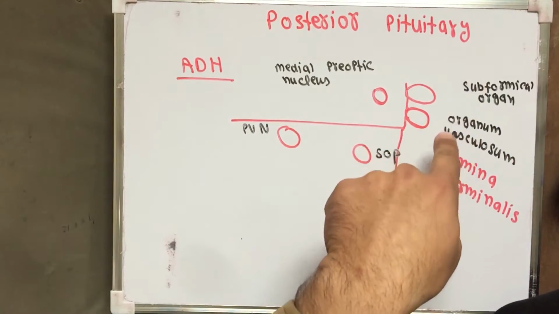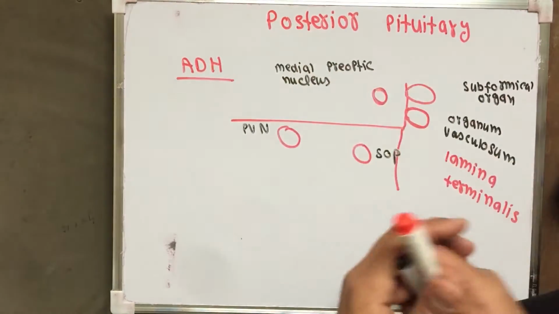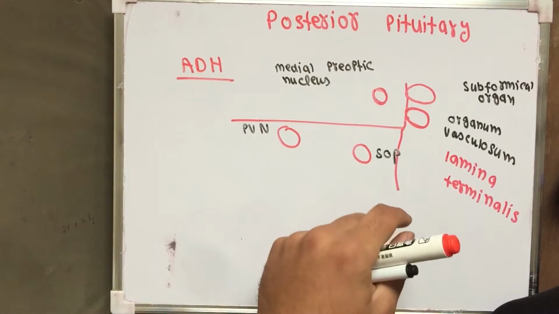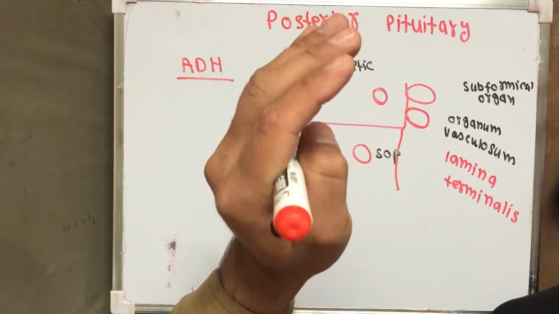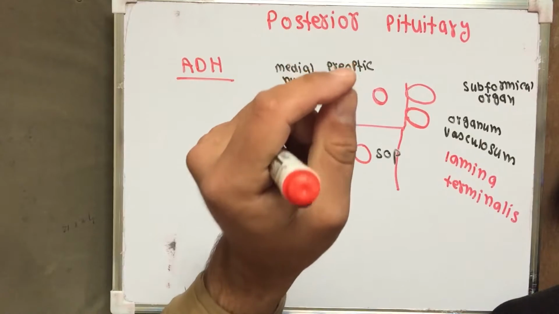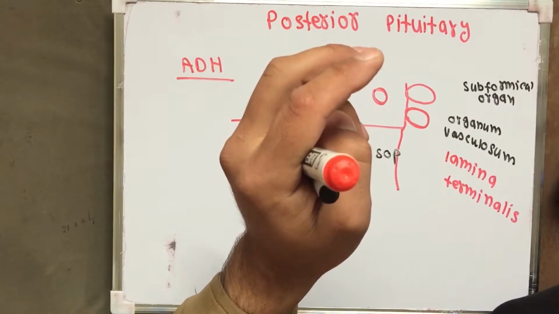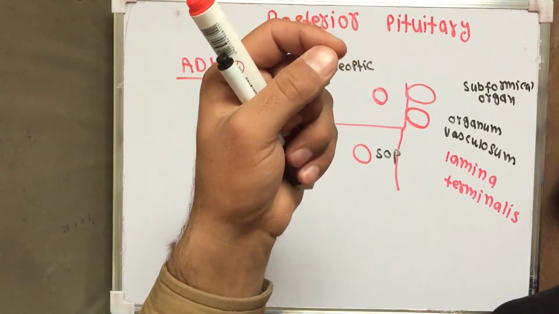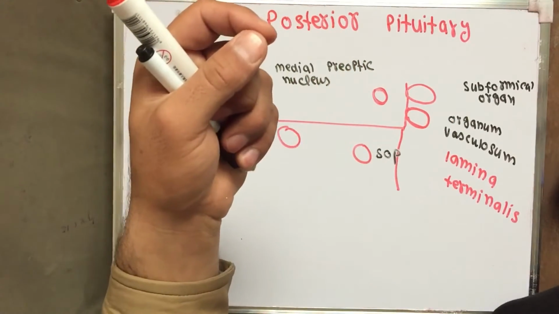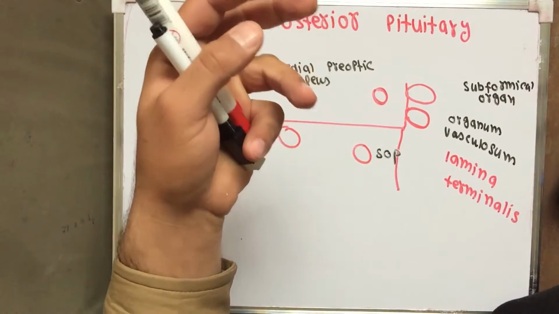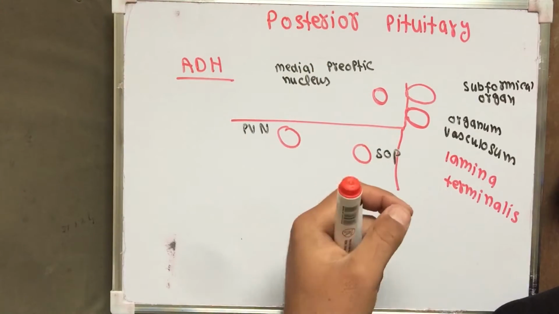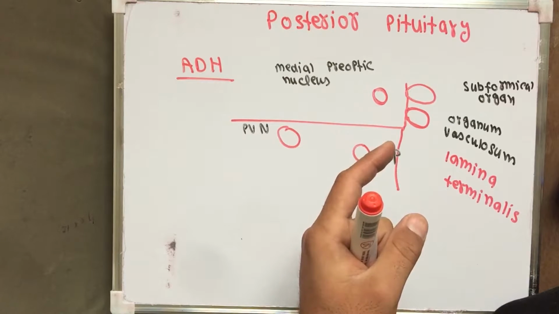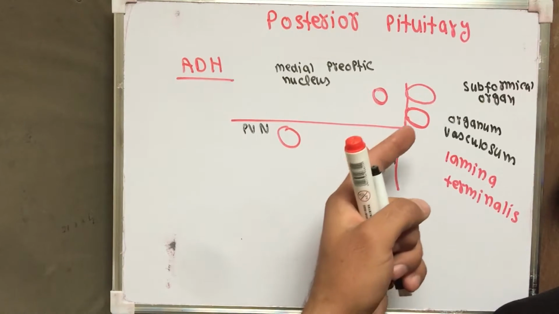This is subformical organ, this is organum vasculosum. Here cells are present which are called osmoreceptors. Now here we know that the blood-brain barrier is broken. So if there is any change in the ADH concentration in the blood, these osmoreceptors detect the change of osmolarity. Osmo means osmolarity, receptor means receptor. Whenever there is a change, it is sensed by the osmoreceptor cells of this region.